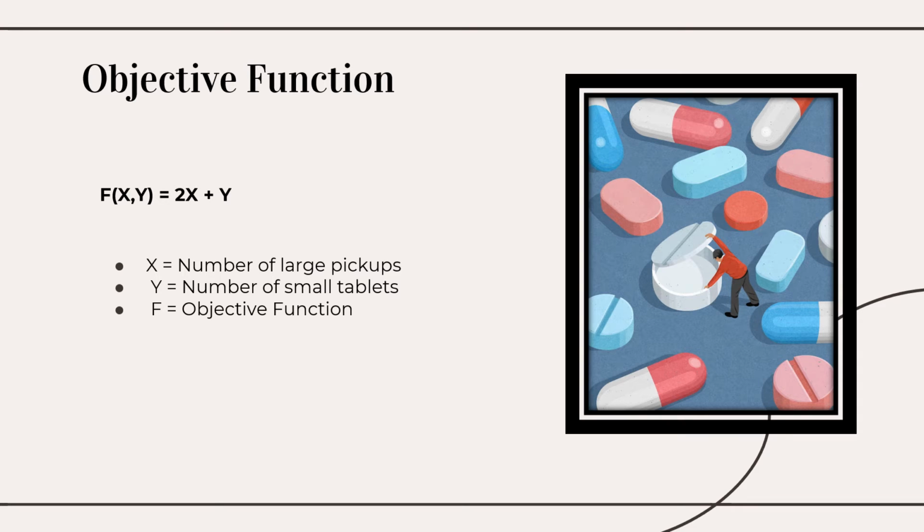We substitute and consider the point where x is 5 and y is 12. Therefore, the objective function where we add 10 plus 12 is 22, being the optimal solution.